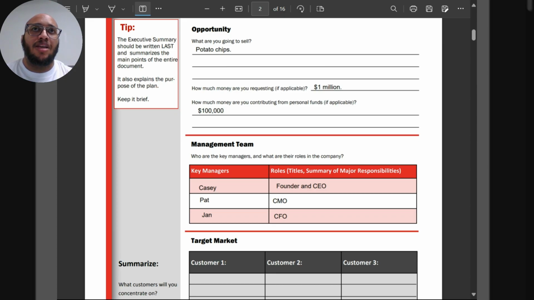I, as a potato chip farmer, may think that my family, that my farm produces the greatest potatoes on the whole planet. That Idaho has nothing on Casey's potatoes, Casey's taters. That's probably what I call my farm.